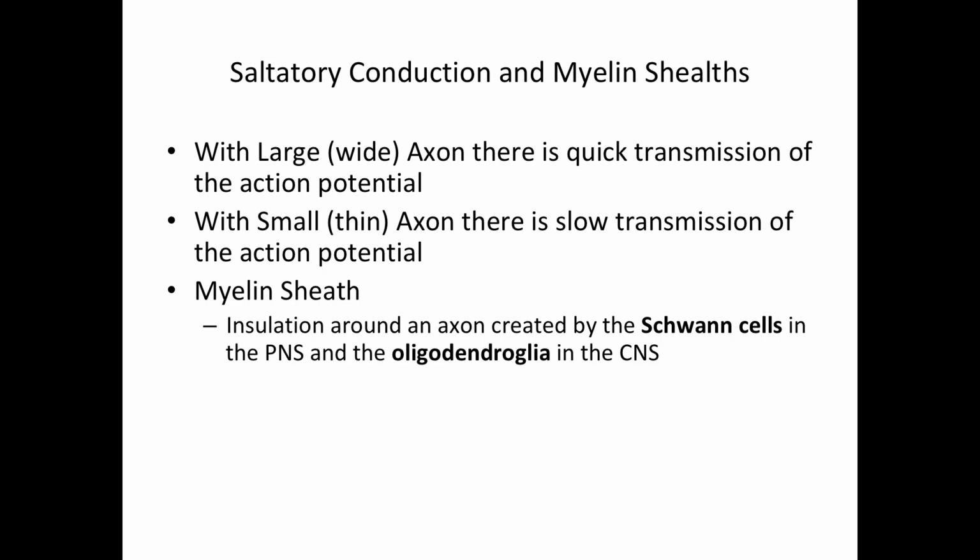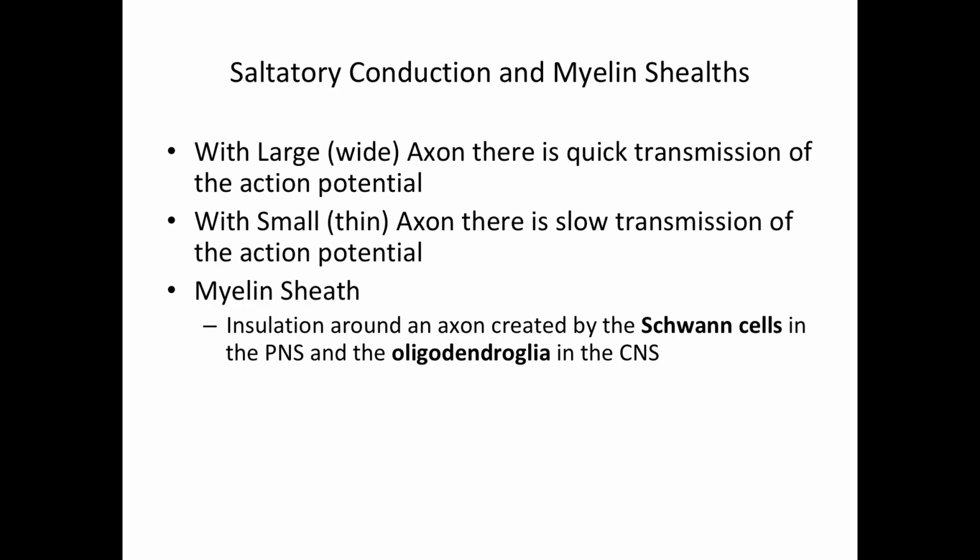Okay, so large axons convey nerve impulses pretty quickly. Whenever they're very wide, information processing goes quicker, and smaller axons convey impulses more slowly. To enhance impulse speed, we have these two cells that we talked about in, I think it was the second video.